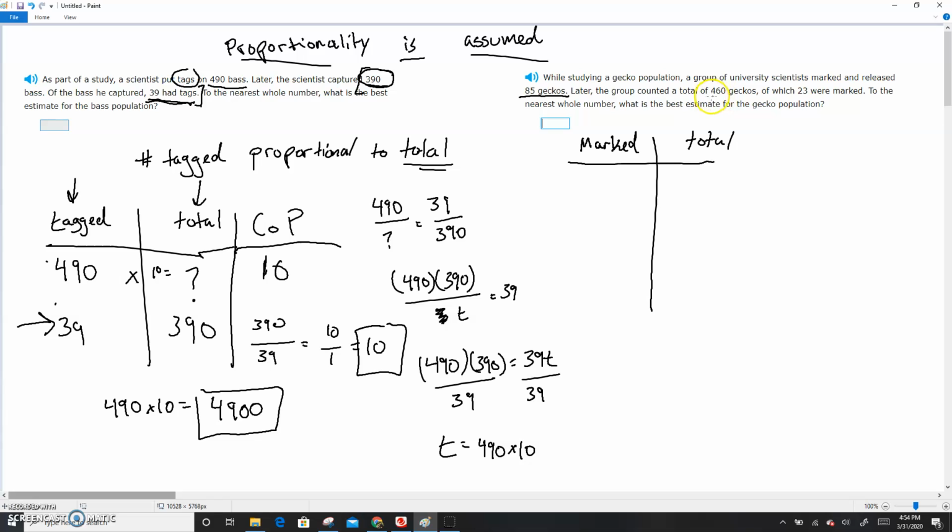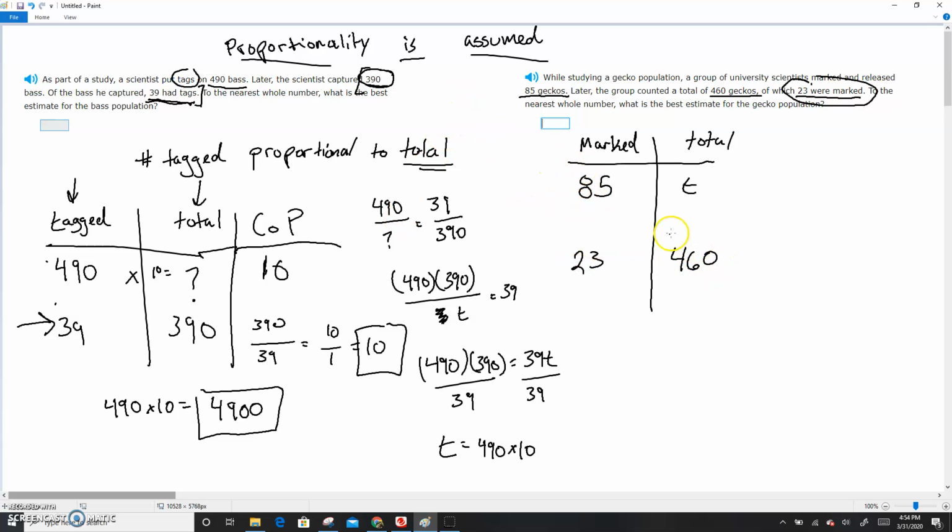We then captured 460 and found 23 that were marked. So of the 85, I don't know the total from which they were drawn. But for this 23, put T for total, I know that the total was 460.